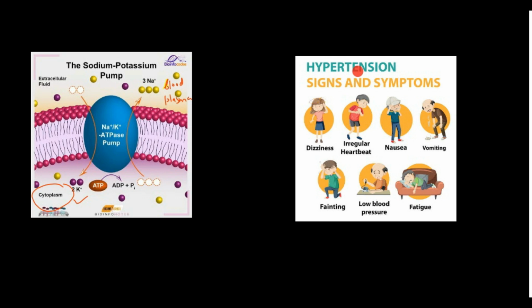Like what I have written here, you see, hypertension. In many cases, hypertension, your high blood pressure, is thought to be a defect in sodium uptake or excretion. That means if sodium intake is very high and excretion is low, then you may have such kinds of problems.